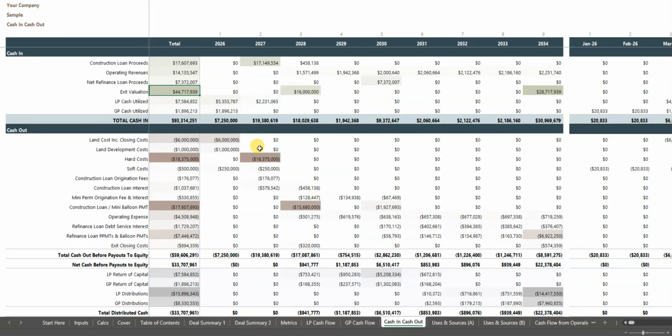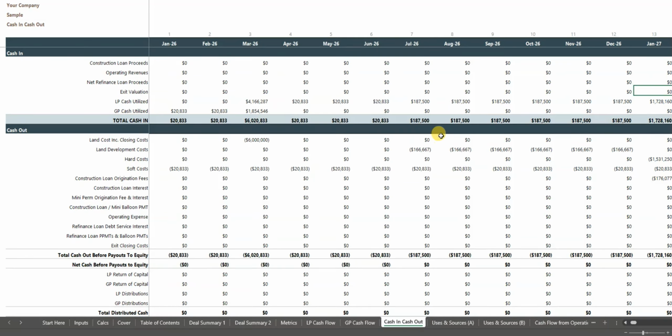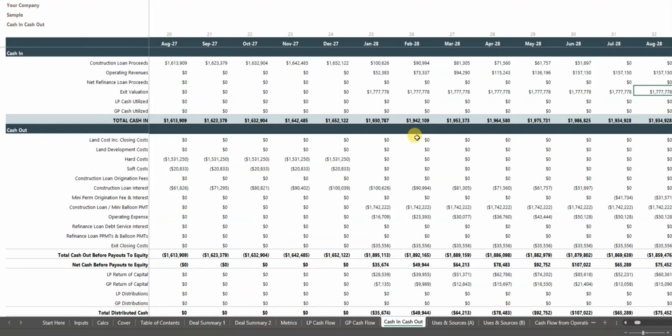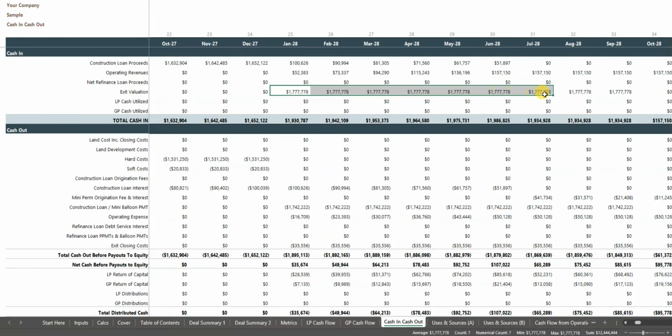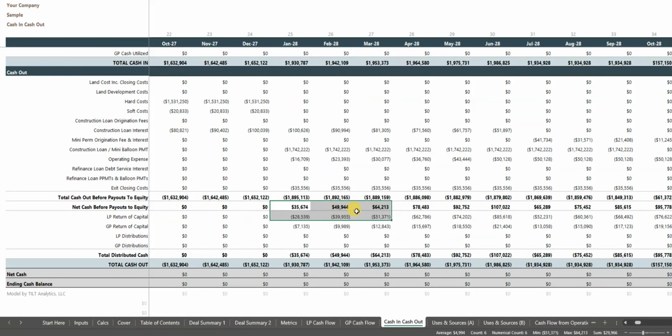If I scroll over to the monthly section to the right, so we can look at things in a little more detail, here we see month by month sales for 9 months of the townhomes, and we see that the construction loan is being paid down in each month. And there's also construction loan interest being paid as well. You have some operating revenues and so on. And there's a little extra cash thrown off each month for payback to equity.